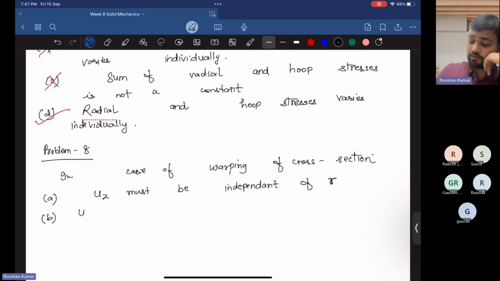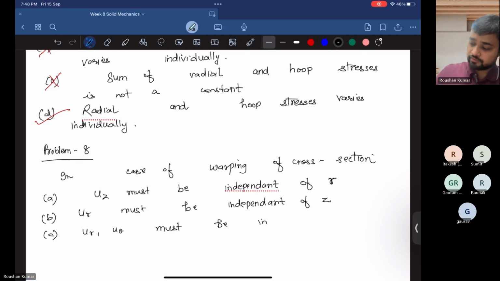Option B is ur must be independent of z. The third option is ur, u theta must be independent of theta. The fourth option is none of these.